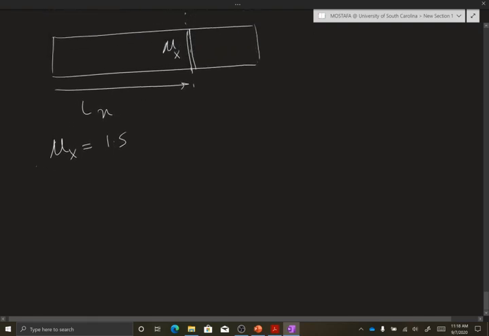Okay. Then for this M, we go back to the Fanno table to find the 4CF Lx star over D ratio, which, if you go back to the table and look at it, is going to be equal to 0.13602.